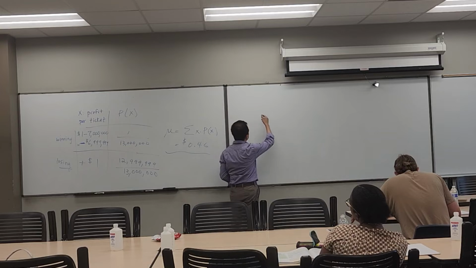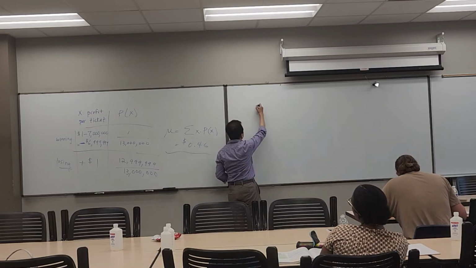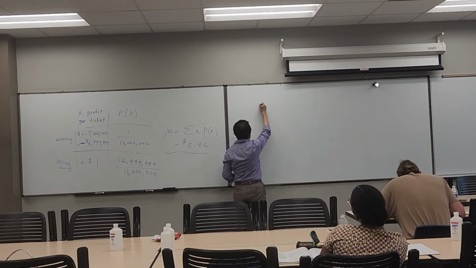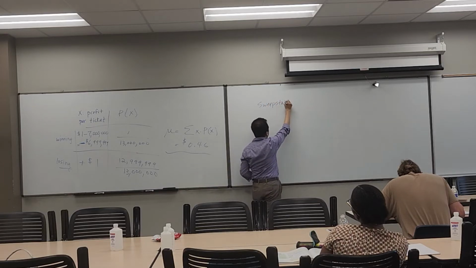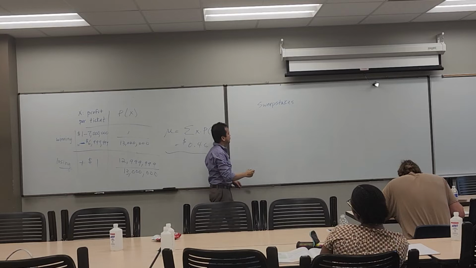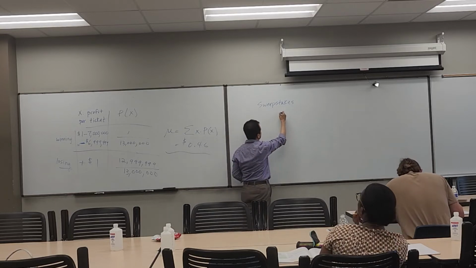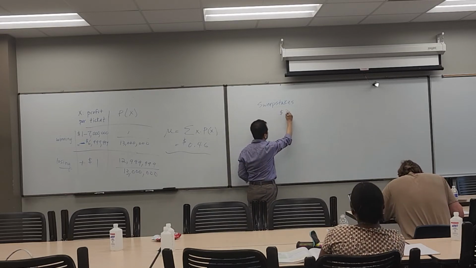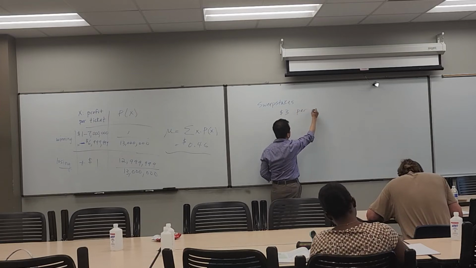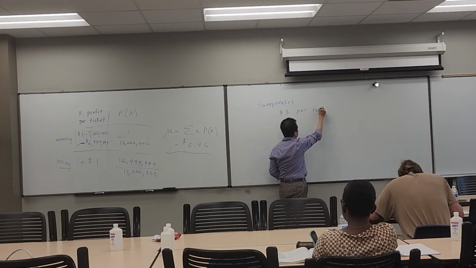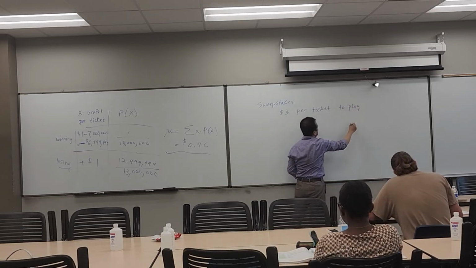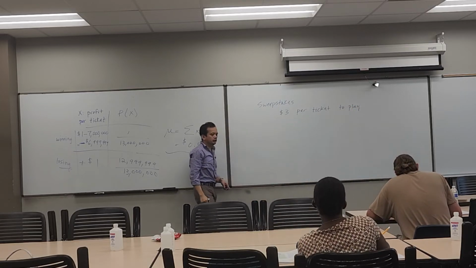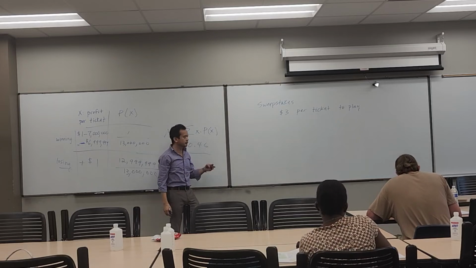Let's talk about another example. Let's say that you have a sweepstakes that you were playing, where let's say it costs $3 per ticket to play. Now let's say that if you were to win, you'd win one of several prizes.